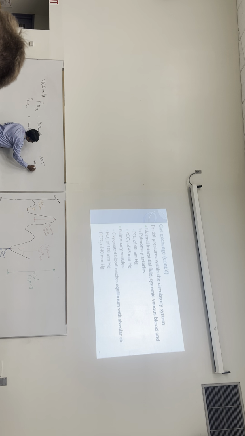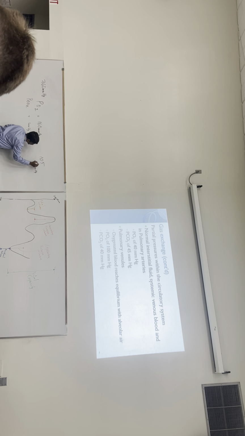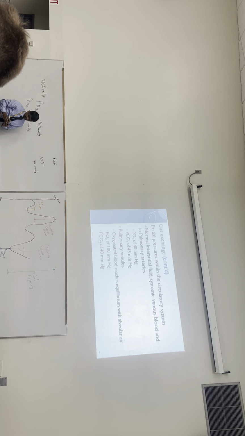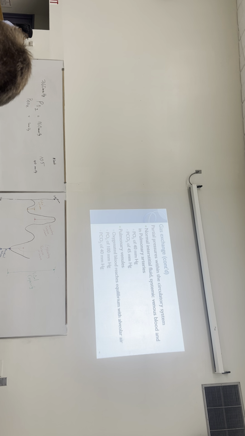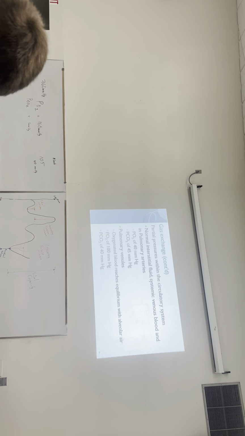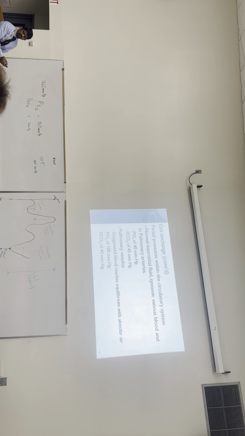Okay? A lot higher. This is in the alveoli. Okay? So we need a gradient, blood that's coming in the pulmonary arteries has a PO2 of about 40, while PCO2 of 45.